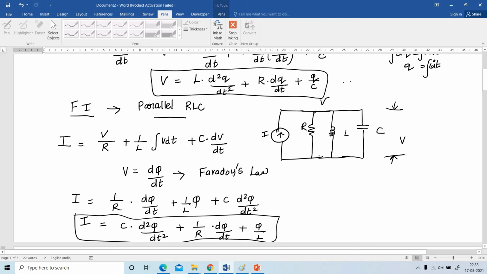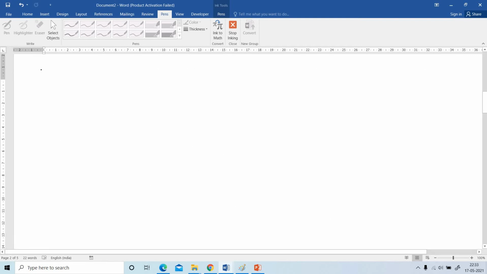So voltage is used for force voltage analogy and current for force current analogy. Now I am going to explain this using a table.